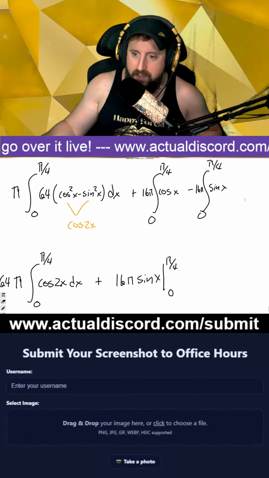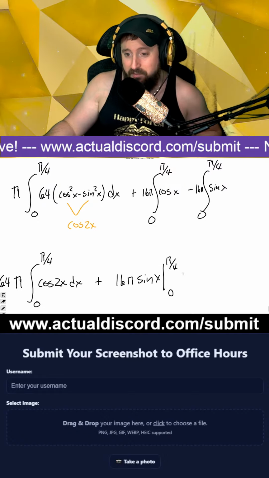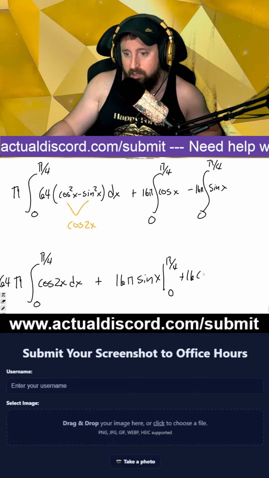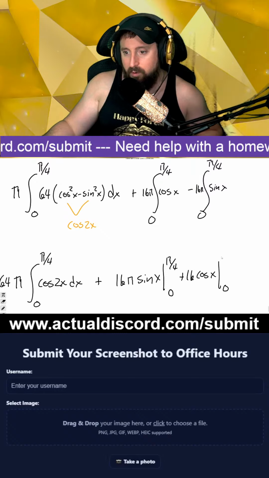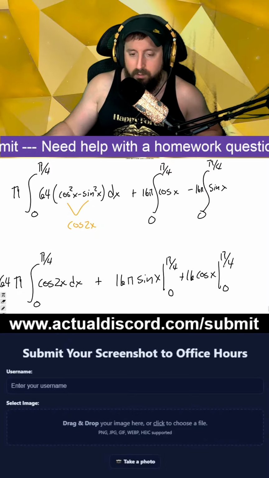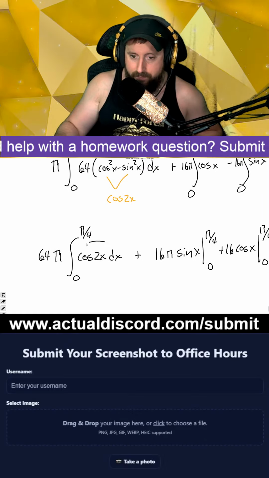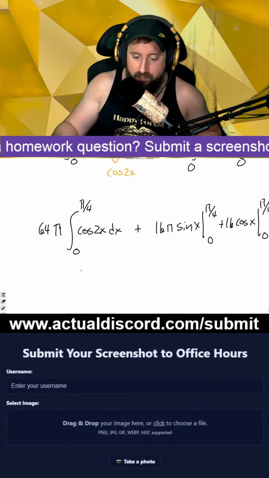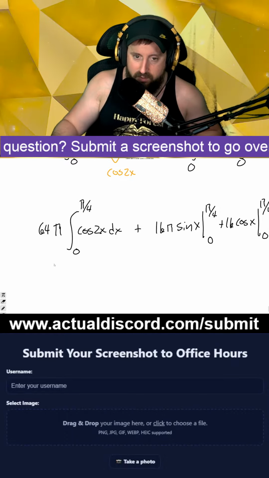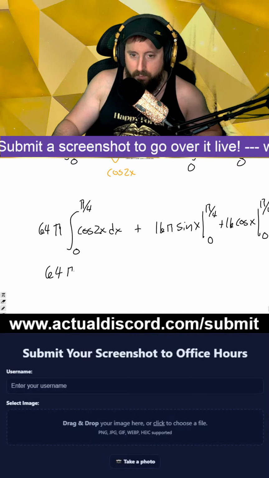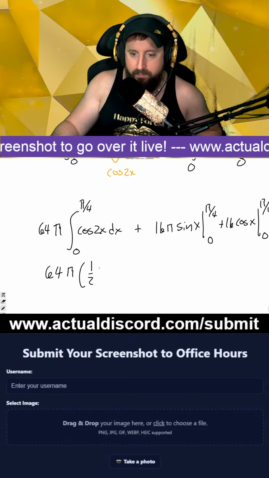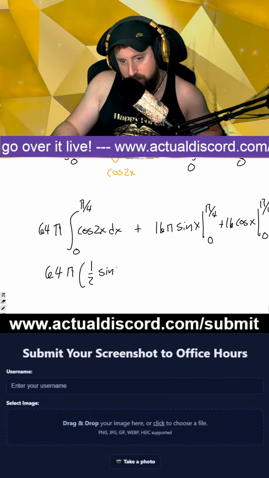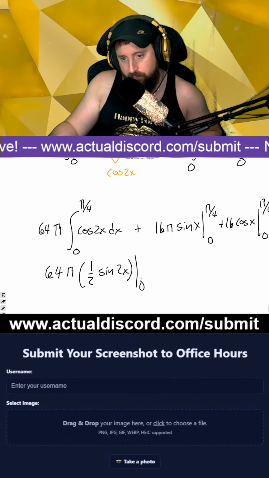The integral of sine is negative cosine, so that's negative negative, so that's plus 16 cosine of x from 0 to pi over 4. And then this is a u sub, so the integral of this is going to be 1/2 sine 2x. So 64 pi times 1/2 sine 2x evaluated from 0 to pi over 4.